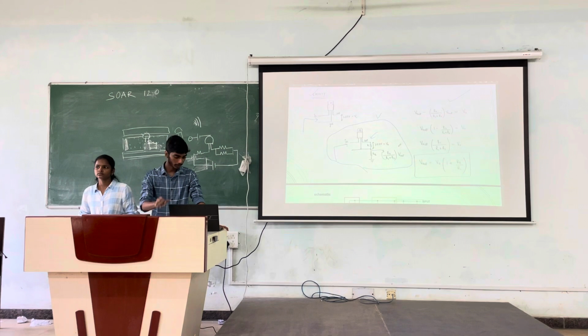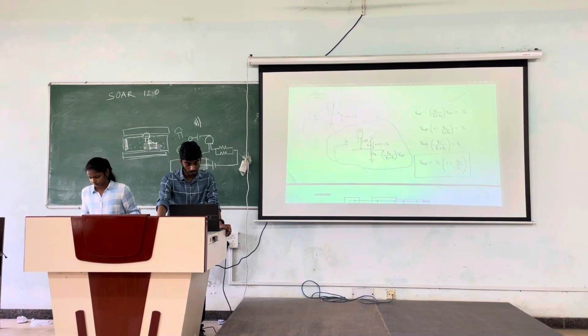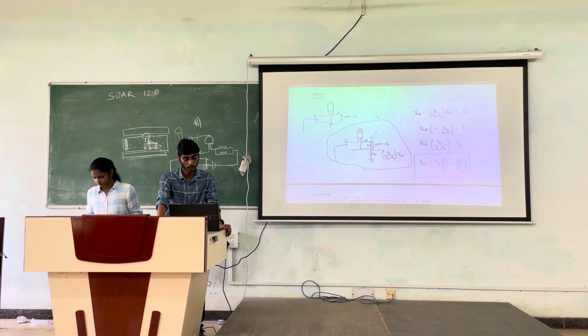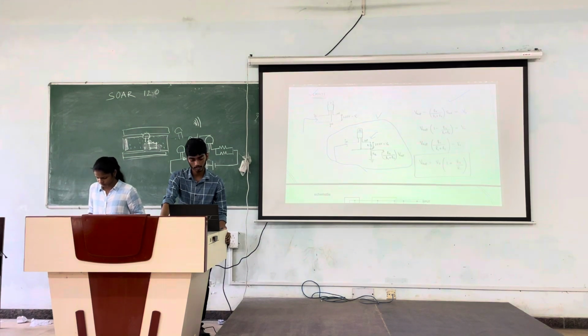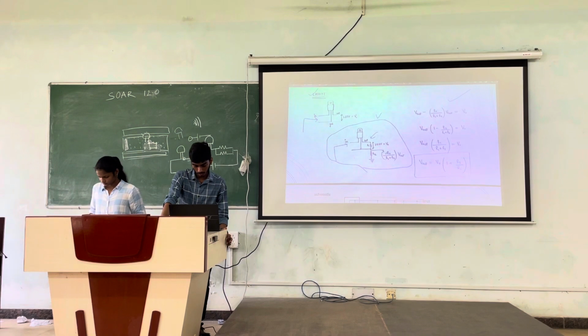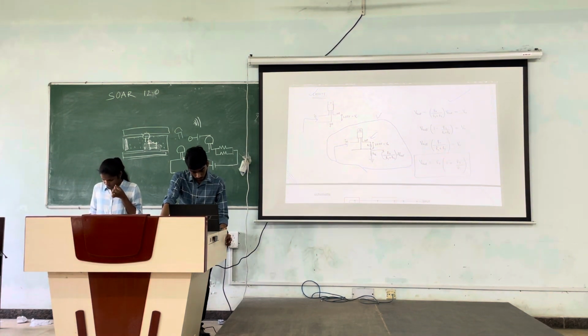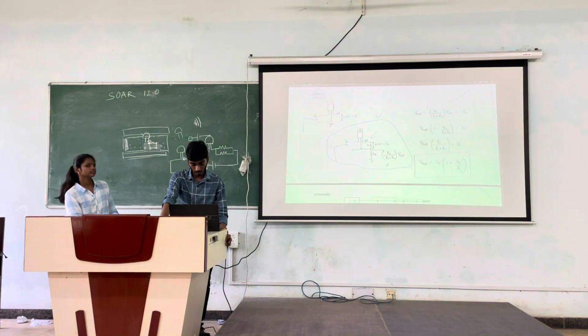So if this is the V out voltage, the potential at this point is V out, and we are trying to figure out the potential at this other point, let's say point A. We can apply the voltage division rule here: R2 upon R1 plus R2, times V out.